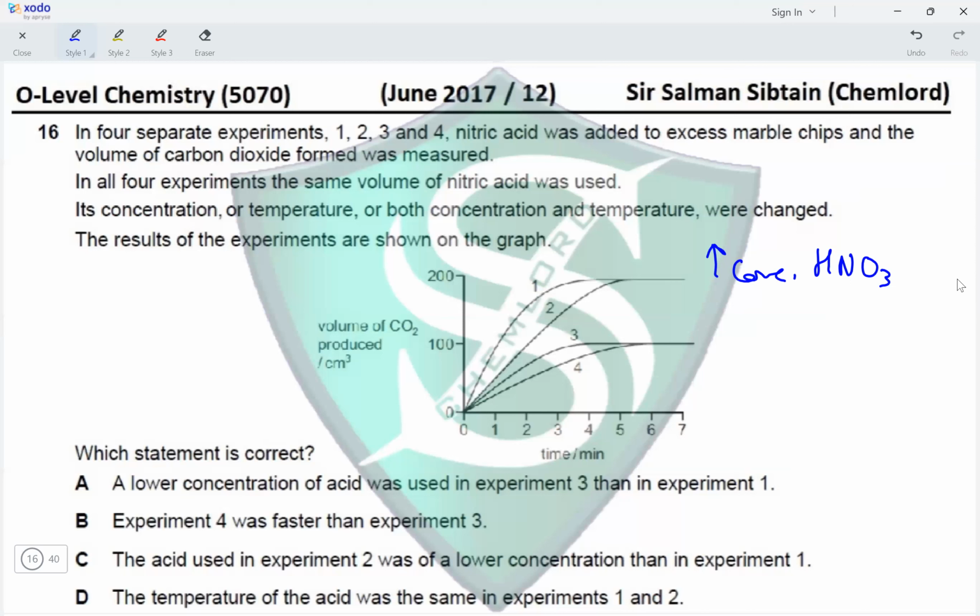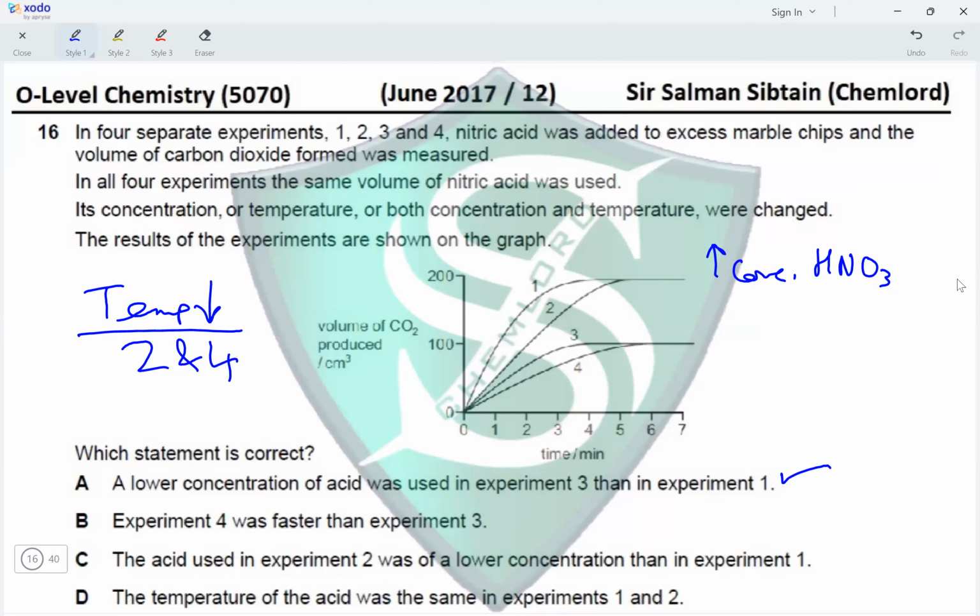That is why it would take longer for the same volume of carbon dioxide to be produced. So temperature is lower for experiments 2 and 4 compared to 1 and 3. Okay, which statement is correct? A lower concentration of acid was used in experiment 3 than in experiment 1. Yes, this is correct.